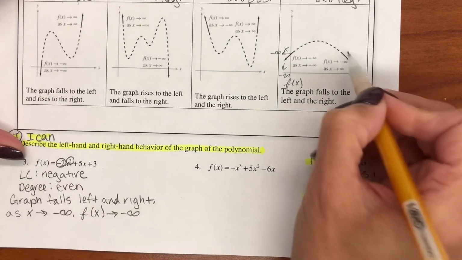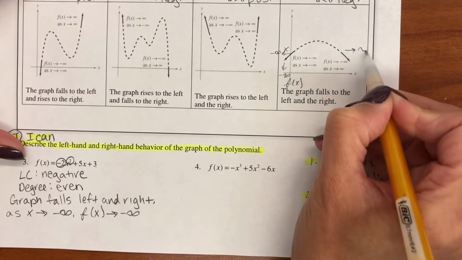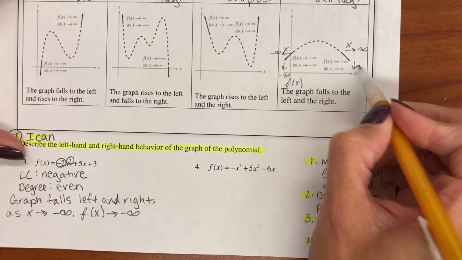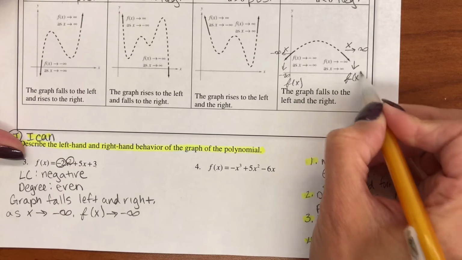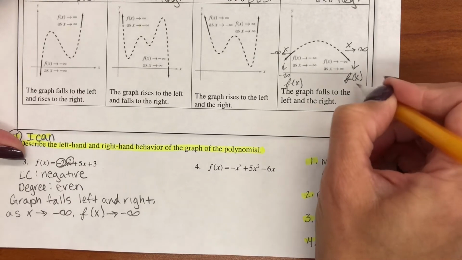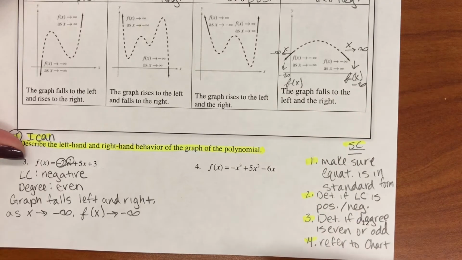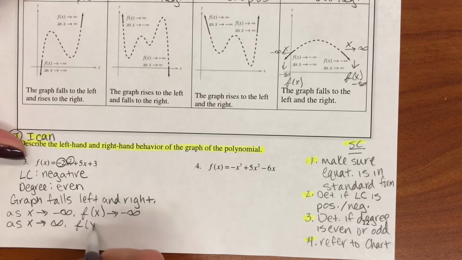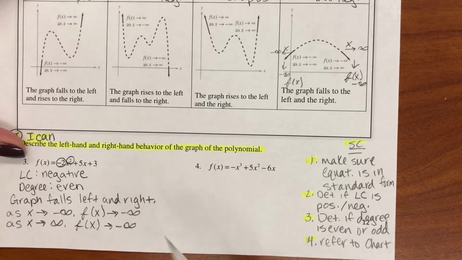And then over to the right, as I'm going towards positive infinity in the x direction, the function is also going down. F of x is also approaching negative infinity. So as x approaches positive infinity, f of x approaches negative infinity. Direction going down, falling left and right there.